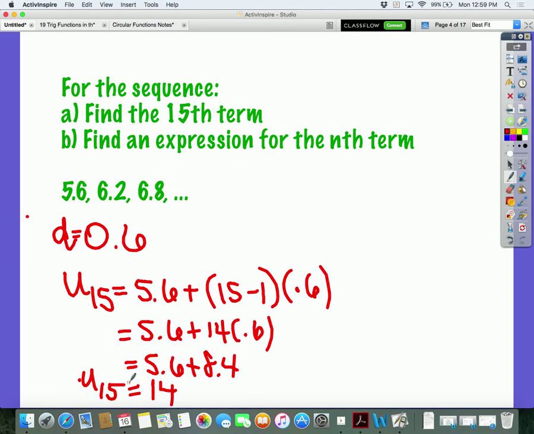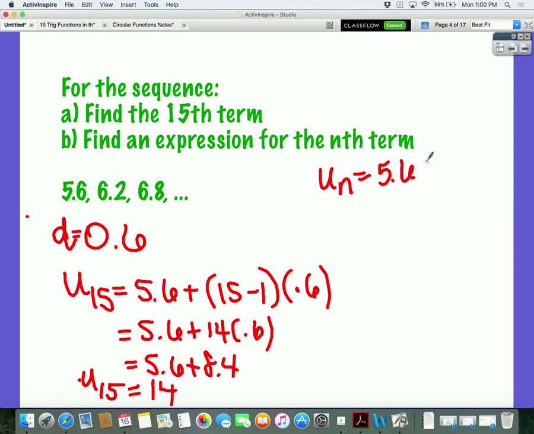Okay. Now to find the expression for the nth term. So they're talking about just in a general sense. So you have 5.6, your first term, plus n minus 1. We don't have anything to plug in for n because we're looking for a general term. Times your common difference, which is 0.6. Now, we can't leave it like this.